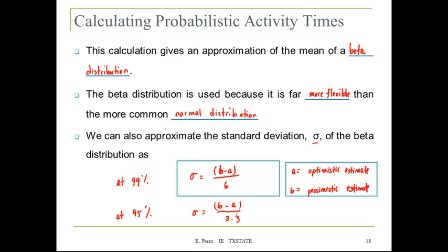So today I'm going to assign you a homework, and you're going to have a problem in which you're going to be using the 95% estimation of this standard deviation. So I want you to use this one instead of this one. Okay?